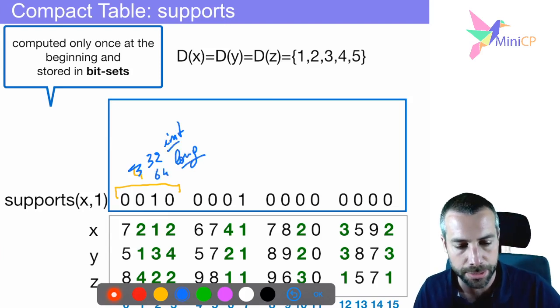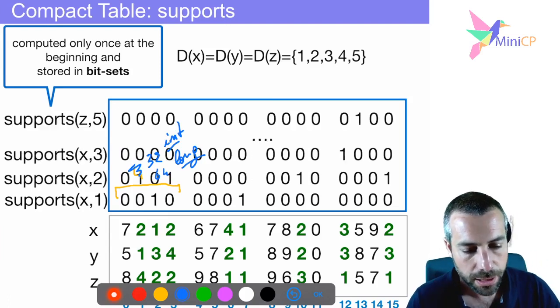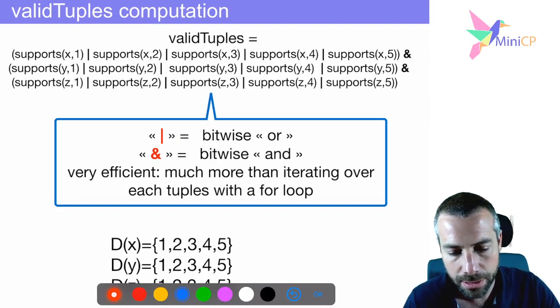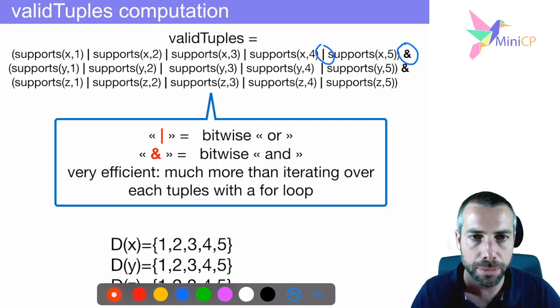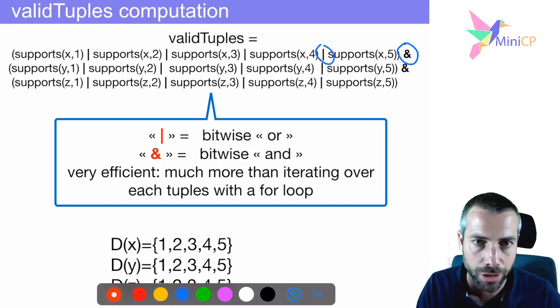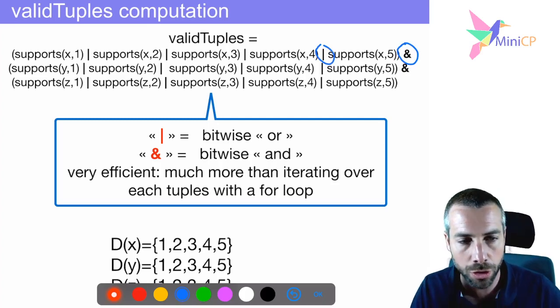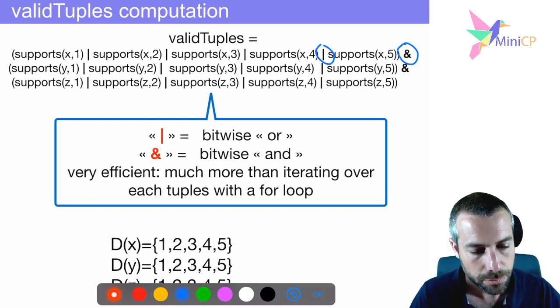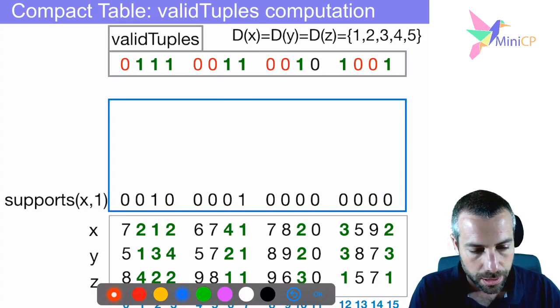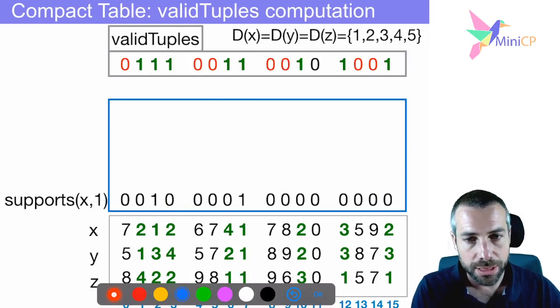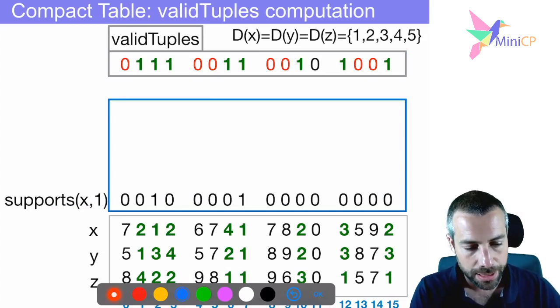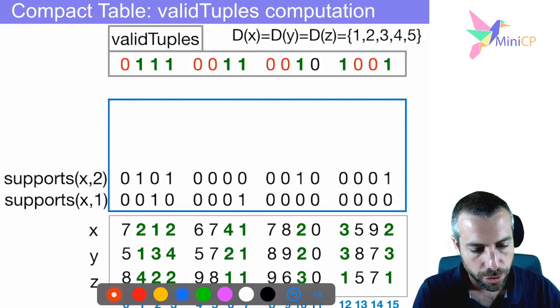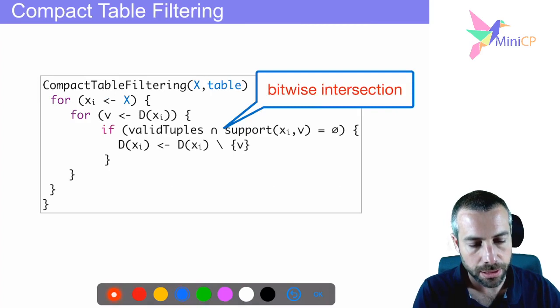The bitwise operations that you see on the next slide for the AND and the OR will be bitwise operations on integers, and on longs if you want to use packets of 64 bits. So valid tuples is represented using bitwise operations as mentioned before. If you've got all the supports, this is the way you compute valid tuples using bitwise operations.